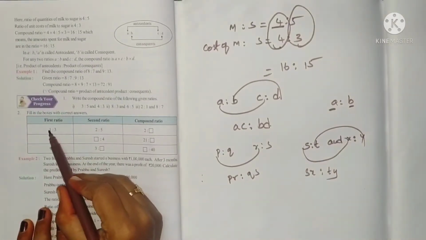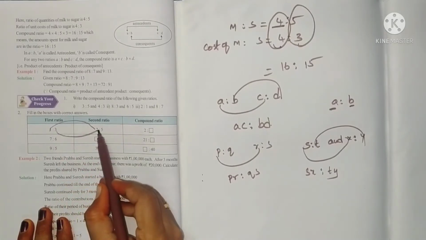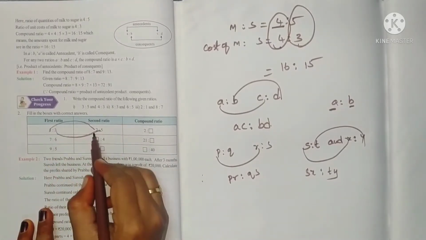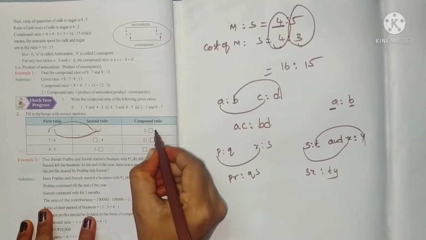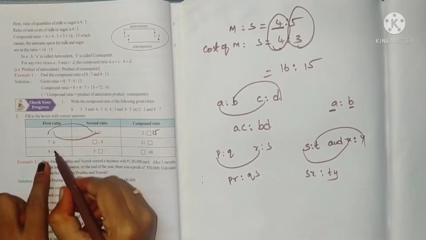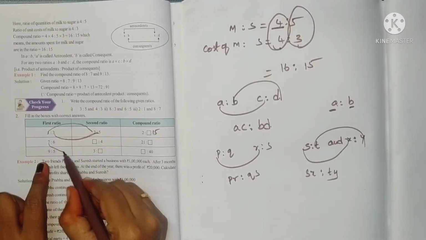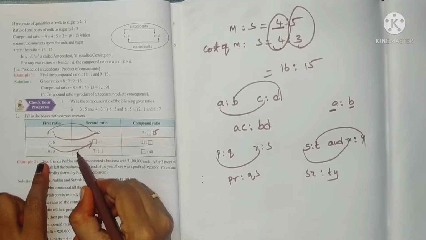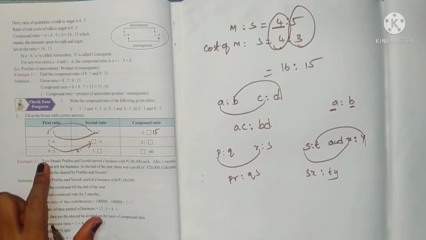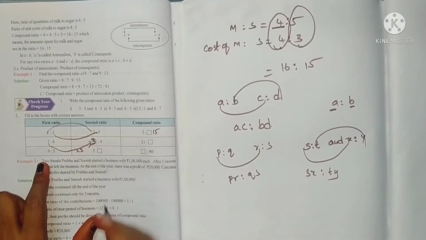Okay. See, 1:2 is given. Now 3:5, here 1:2, 3:5, 15. So here 15. Now this one, 6 4s are okay. So 7 into what number gives this 21? 7 3s only. So here 3.